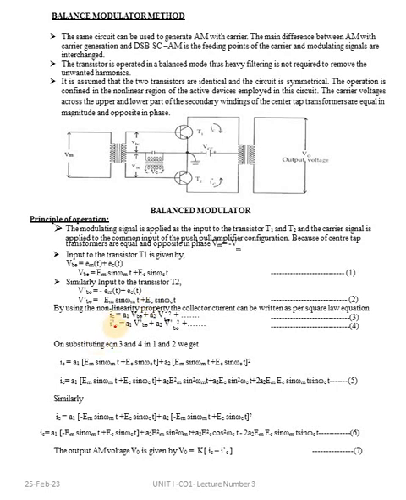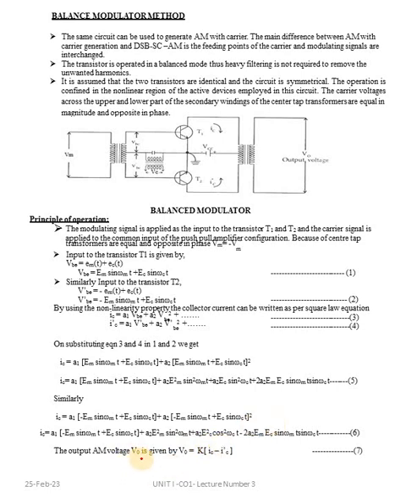By using the nonlinearity property, the collector current can be written as a square law equation: IC is equal to A1 VBE plus A2 VBE square, and so on. Then IC dash, due to the second half, is A1 VBE dash plus A2 VBE dash the whole square. Substituting all the values in IC and IC dash, we get this equation.